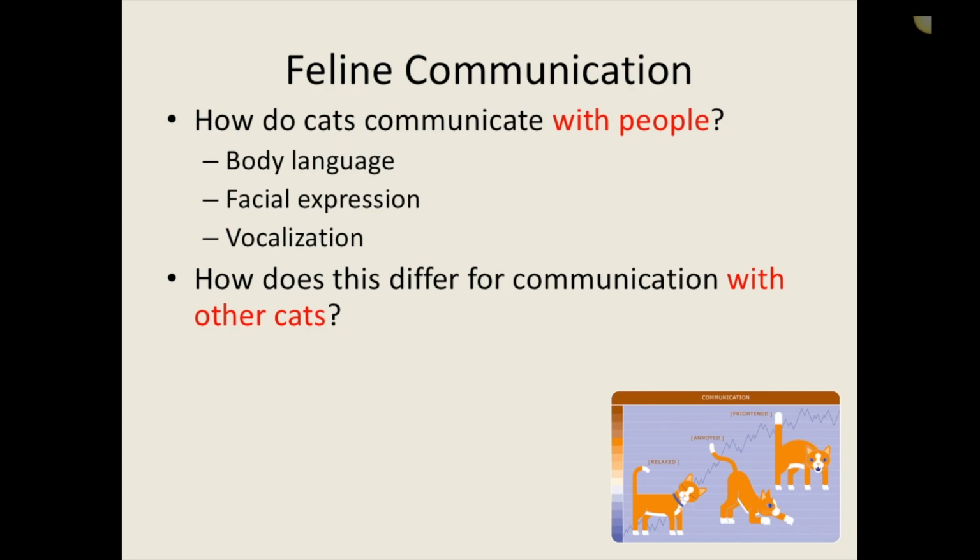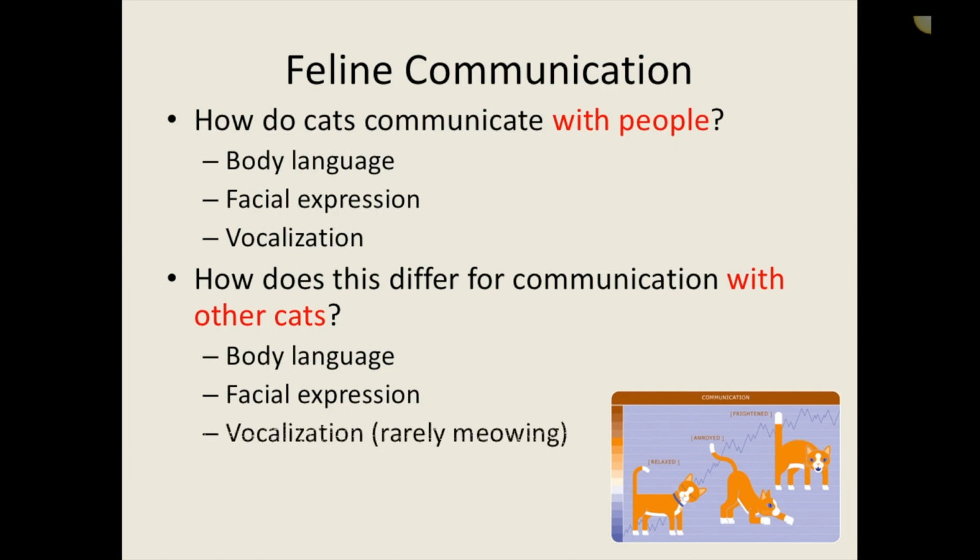How does this differ from communication with other cats? They still use body language, facial expressions, and vocalization, though rarely meowing, so we don't typically see the same meows that they give us being used with other cats. And then they also use scent, so they use pheromones.